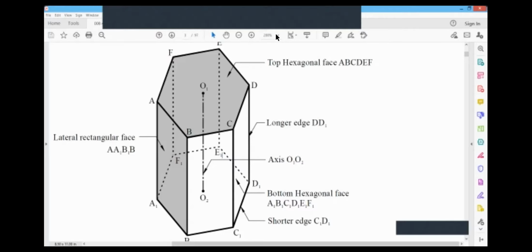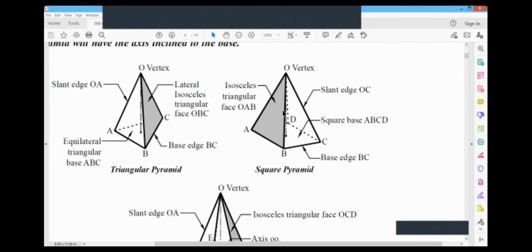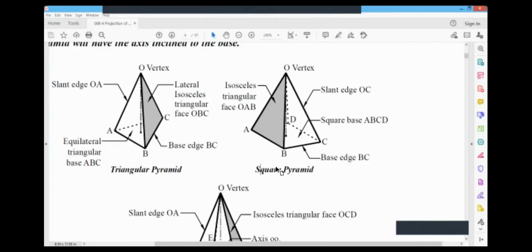So same way, for pyramids, a square base pyramid, which consists of only A, B, C, D, the base plane, and triangular surfaces 1, 2, 3, 4. 4 triangular slant surfaces will be there, and 4 slant edges will be there for this particular square based pyramid.